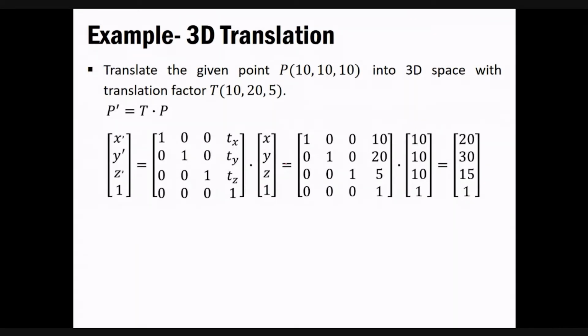So this is your given point on which you want to perform the operation. As you can see, the translation factors TX, TY, and TZ are to be replaced by the given values. In our example, we have 10, 20, and 5.